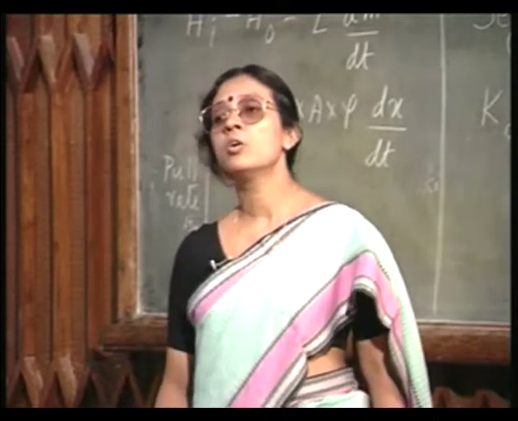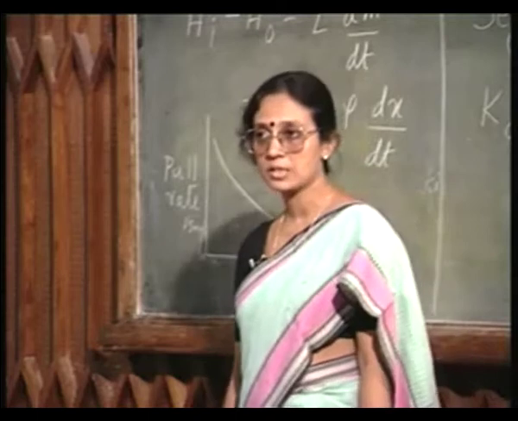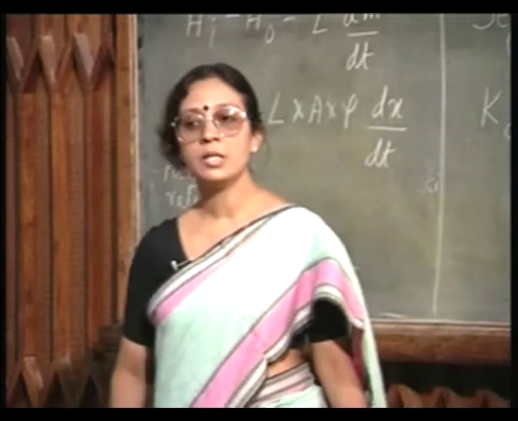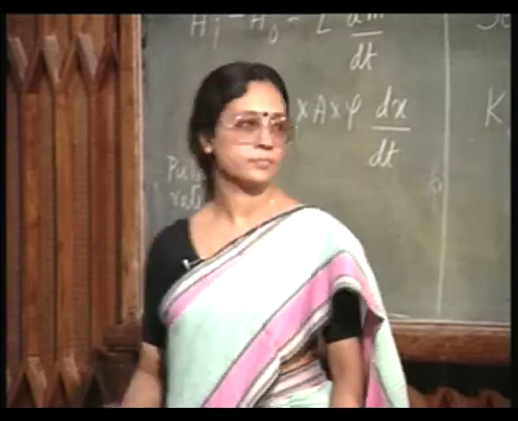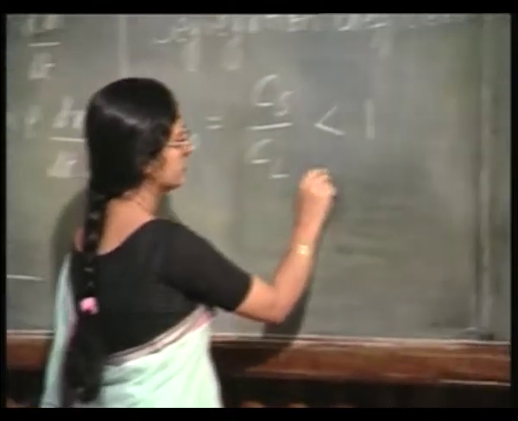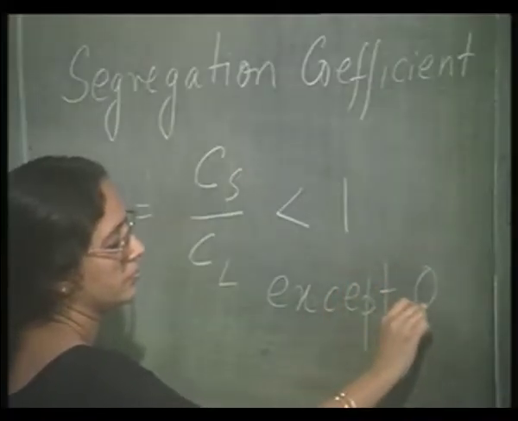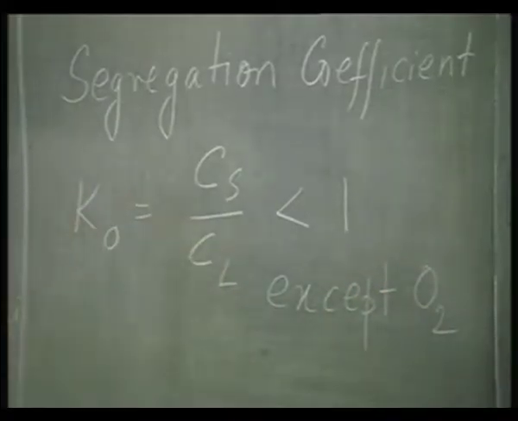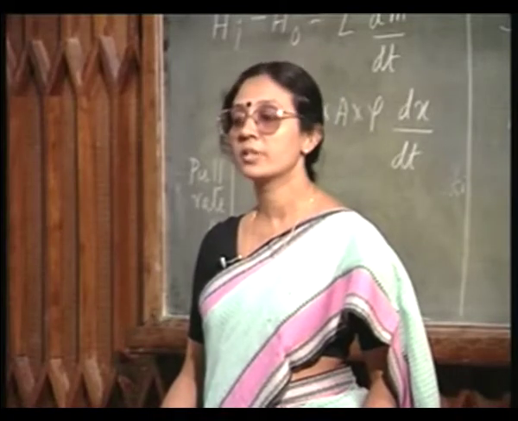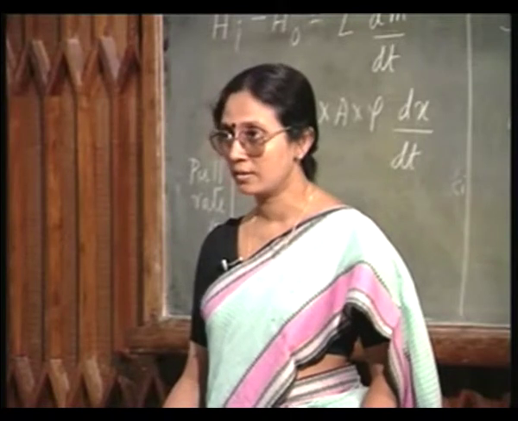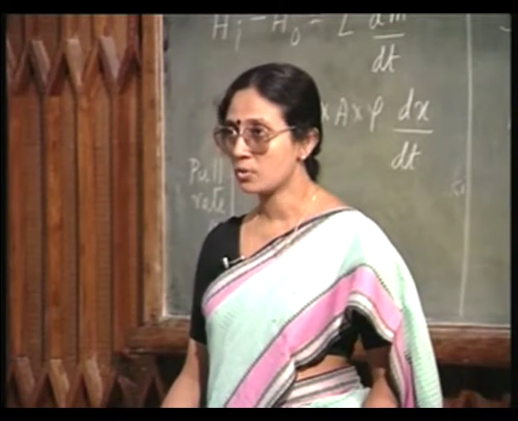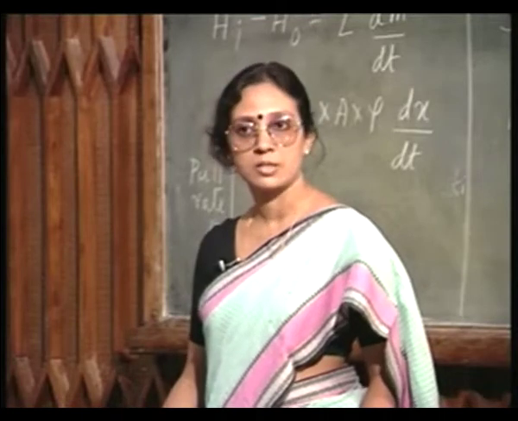That is true for most common impurities with the notable exception of oxygen. Oxygen will have a segregation coefficient greater than 1, that is, it will try to come preferentially into the crystal.